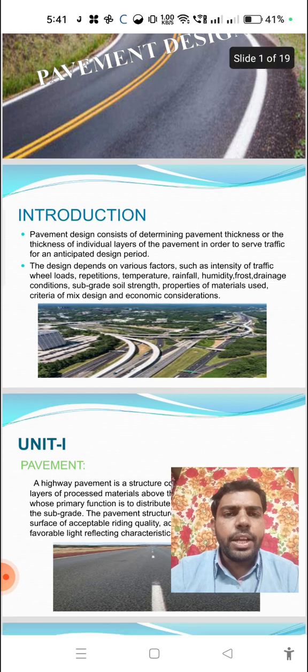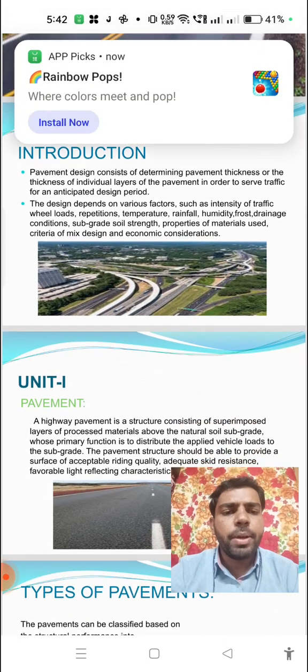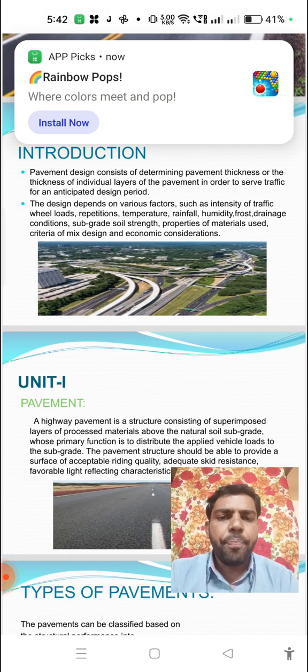The design depends upon various factors such as intensity of traffic, wheel loads, load repetitions, temperature, rainfall, humidity, drainage conditions, frost conditions, and strength of the subgrade soil, as well as the materials used in that particular location. All of these depend on the design of the pavement.